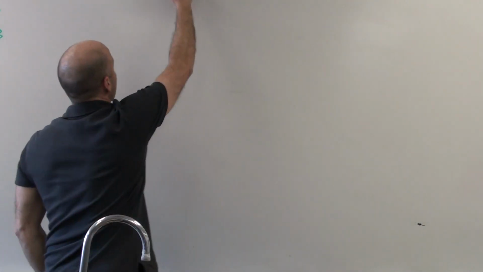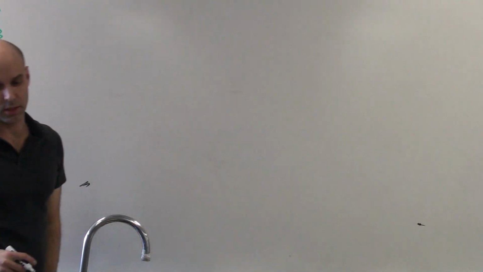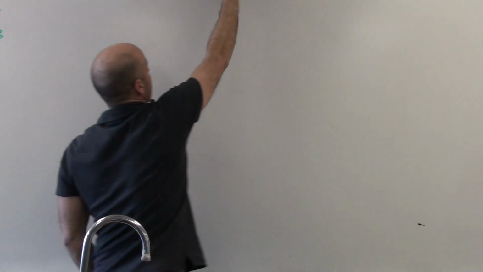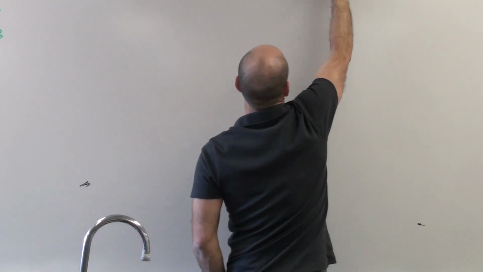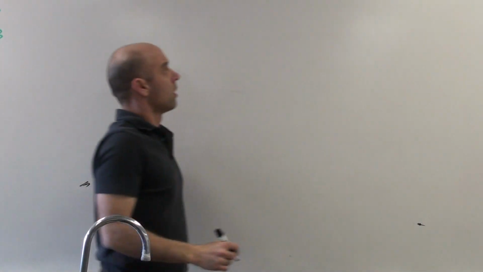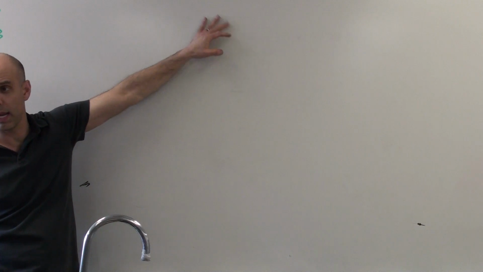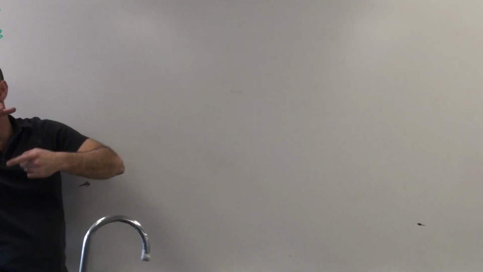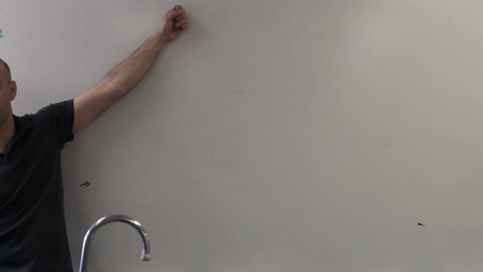Delta S is the change in disorder in a system. And we want to go from order to disorder. It's kind of the opposite of delta H in that we want delta S to be positive.